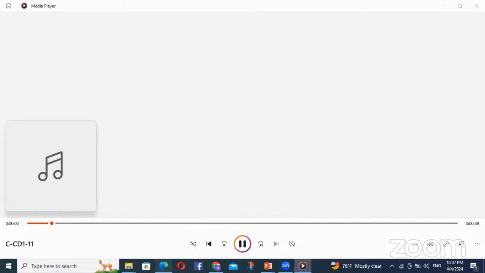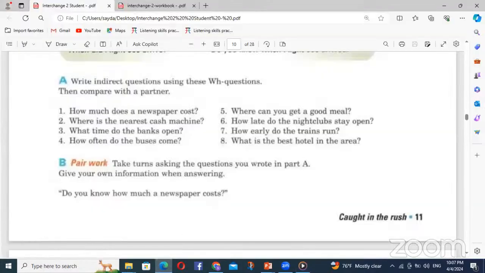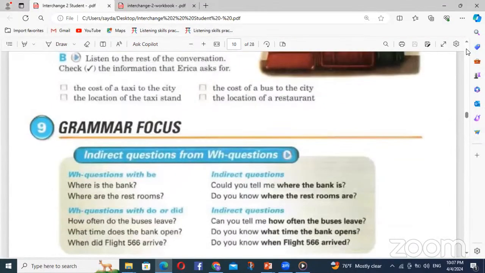Exercise 9, Grammar Focus. Indirect questions from WH questions. WH questions with B. Where is the bank? Where are the restrooms? Indirect questions. Could you tell me where the bank is? Do you know where the restrooms are?